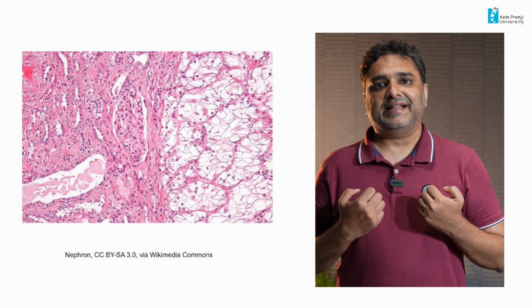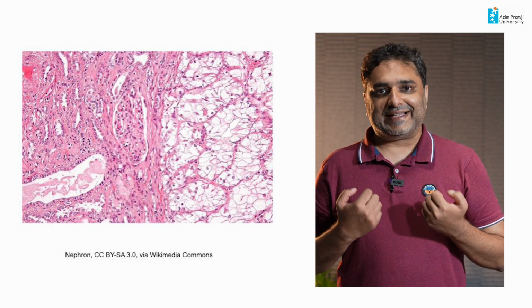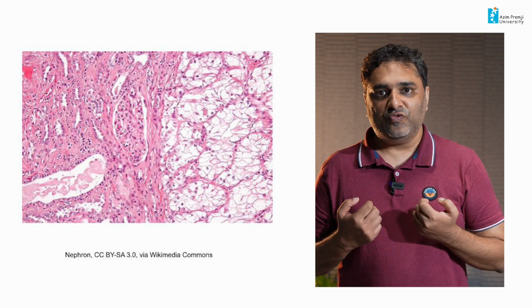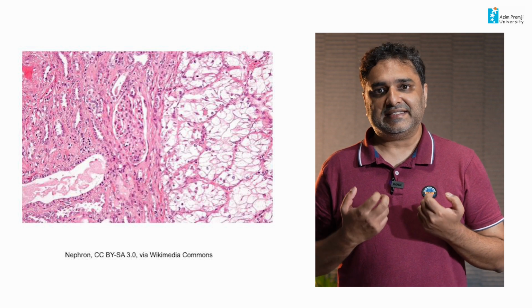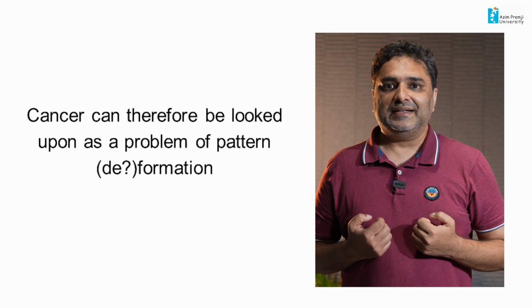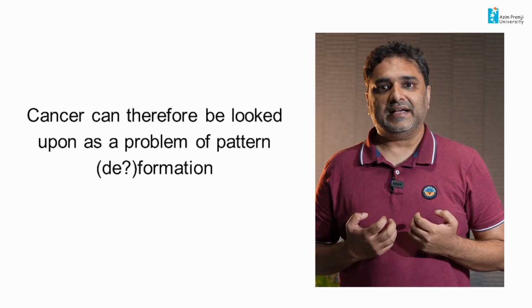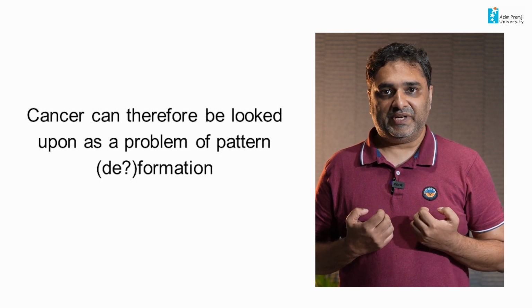This is the narrative of cancer, in which, due to an excess in proliferation of cells as well as their movement, the patterns of the cells in that particular organ get disrupted and one gets cancer. Therefore, one can understand cancer in a broader context as a condition in which there is pattern deformation.